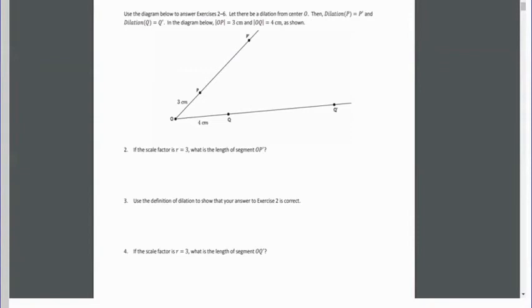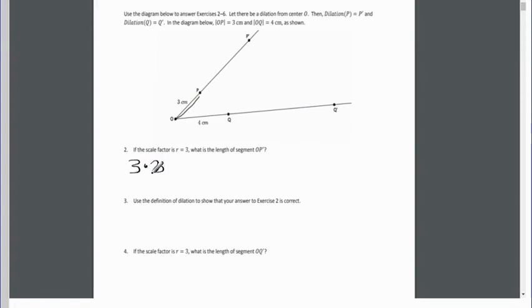Let there be a dilation from center O. So this is right here, center O, right where my cursor is. That's the dilation. We're making P bigger, and we're making Q bigger, and we're making it by a scale factor of 3. Okay? If it's a scale factor of 3, this segment right here, from O to P, you're going to take times 3.